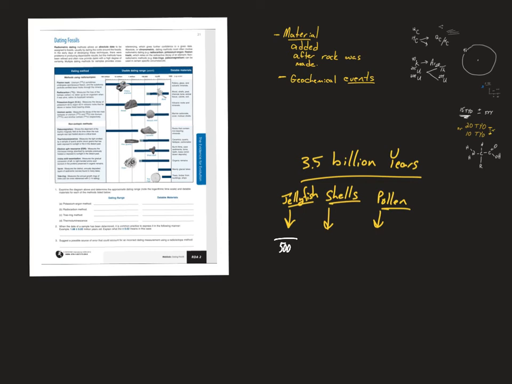It's probably too old. I'll just go ahead and say it, and forgive me if I get the numbers wrong. I don't have the various numbers memorized, but then the shells, and you would say that the shells are 430 million years old, and the pollen is in rock that's, I don't know, 200,000 years old.